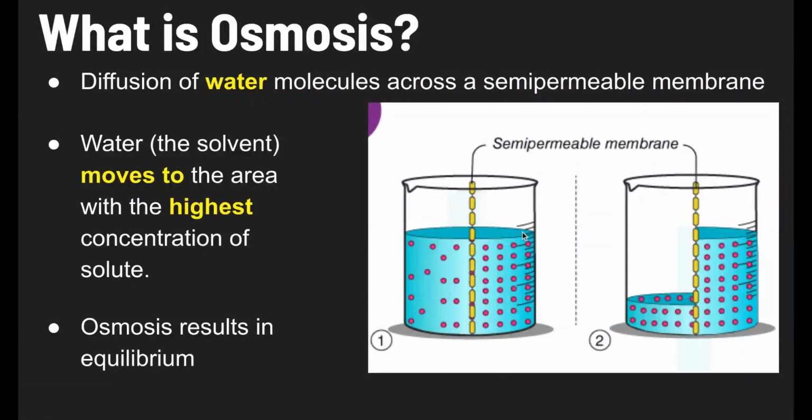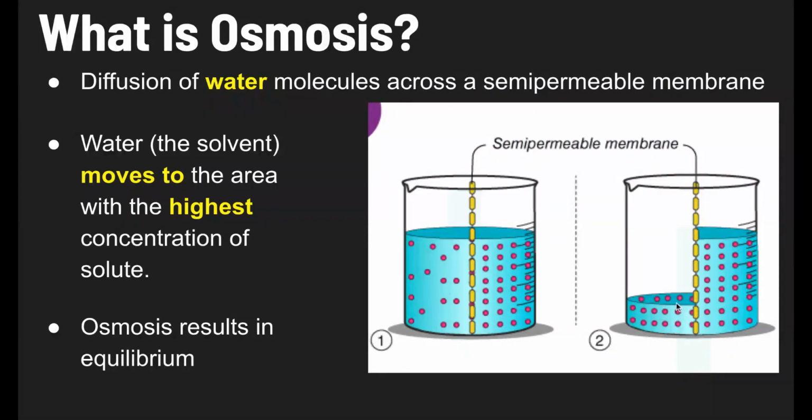So right now the right side has more red dots. So the water on the left side is going to move toward the highest concentration of red dots, the highest concentration of solute. And so water is actually going to move to the right here until you reach equilibrium. There's about an equal concentration on both sides.